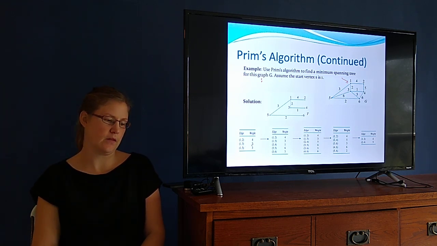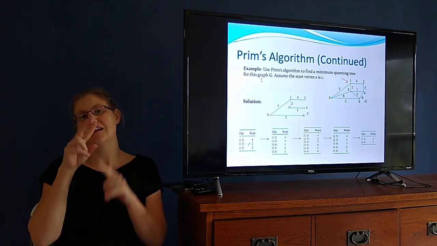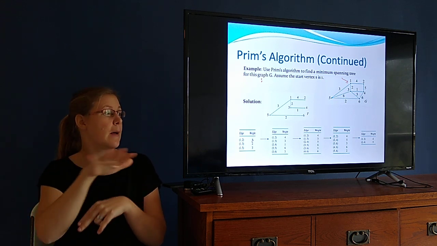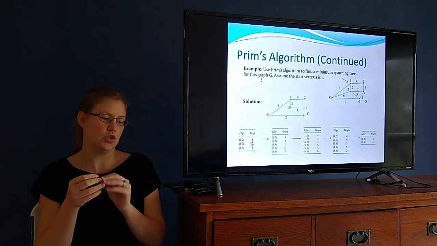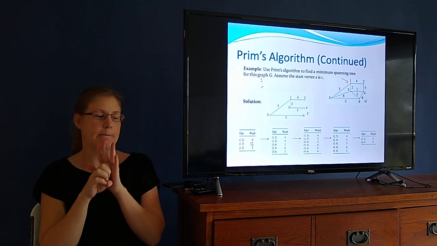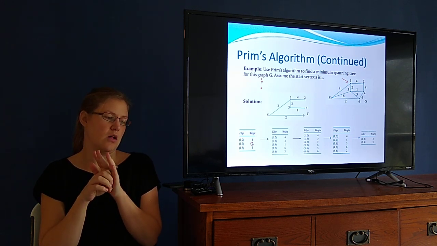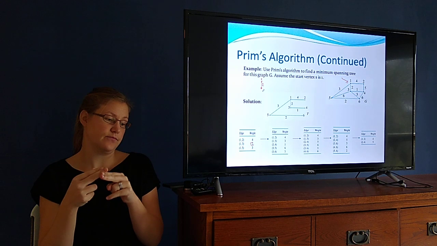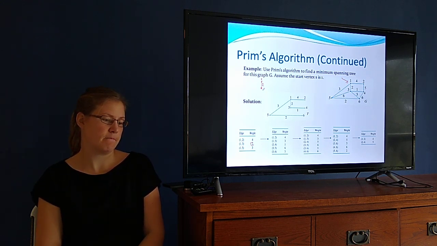Now, to choose the next vertex, we need to find the minimum weight among these numbers, which is 2. So in this case, let's add 3 and add the weight.